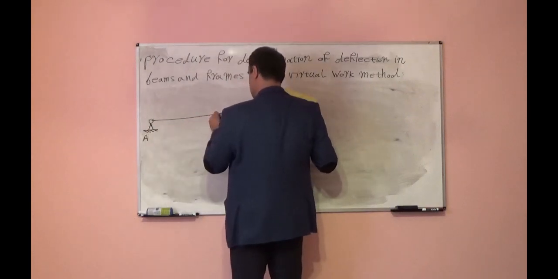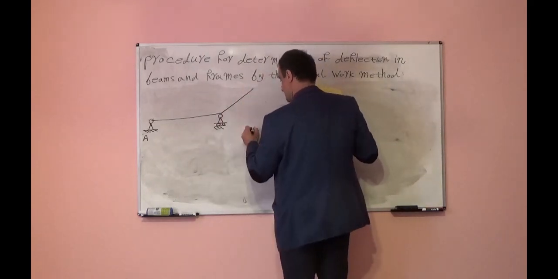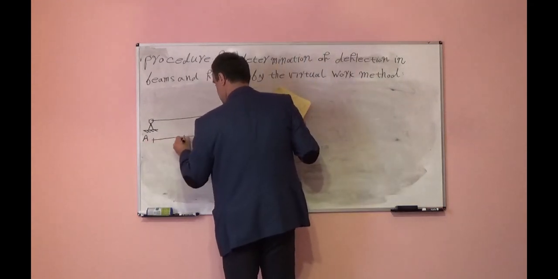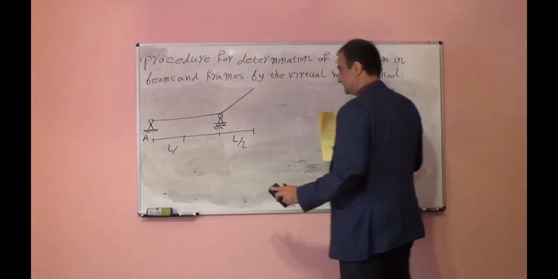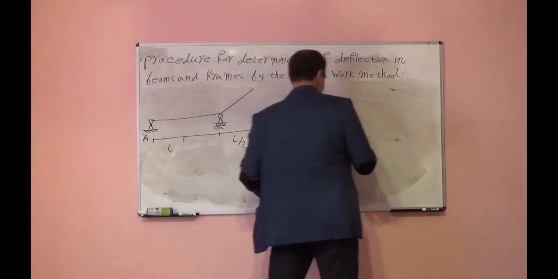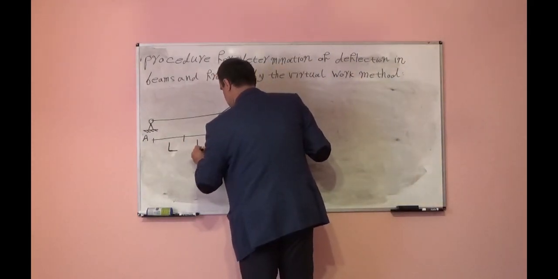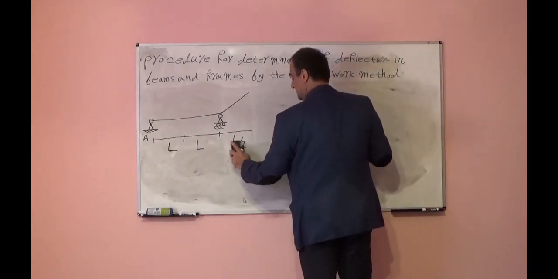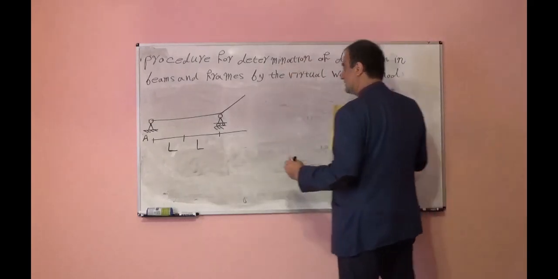Point A, point B. From here to here it is L over 2, this is L, and this is L. From here to here, let's make it a little bit shorter.